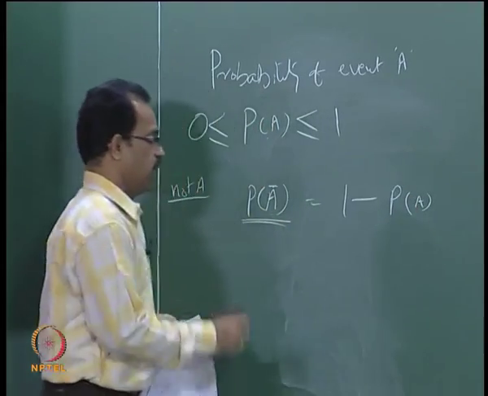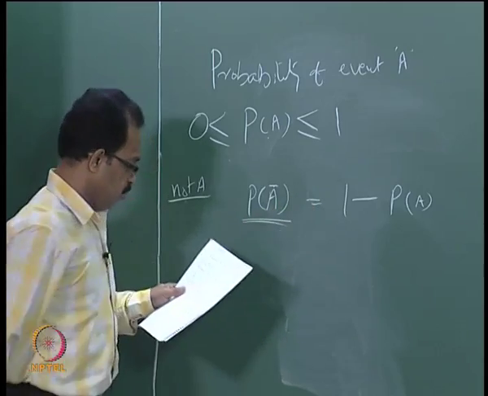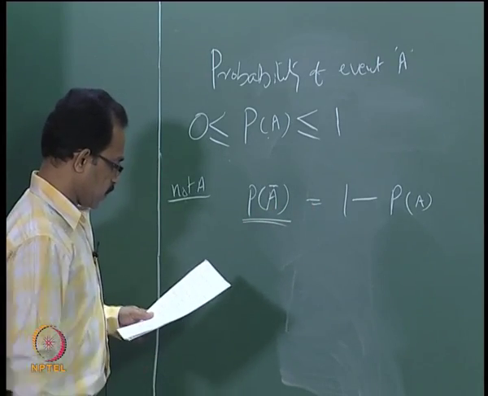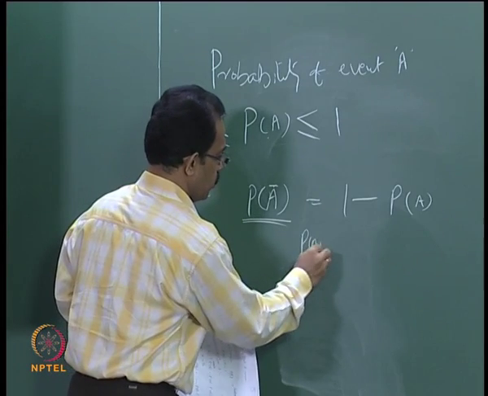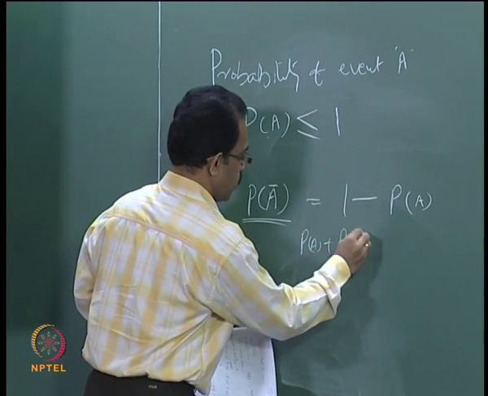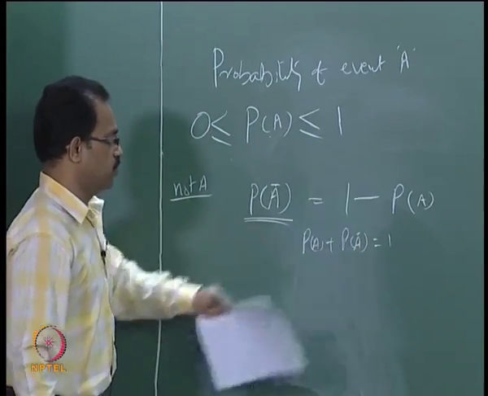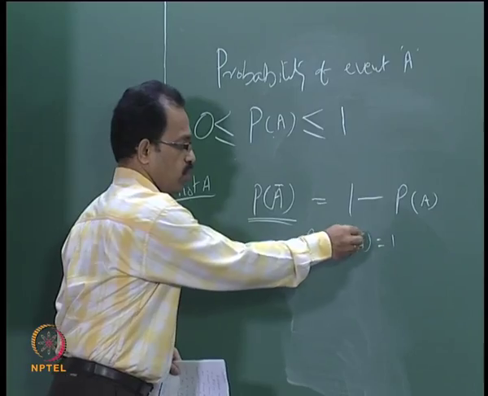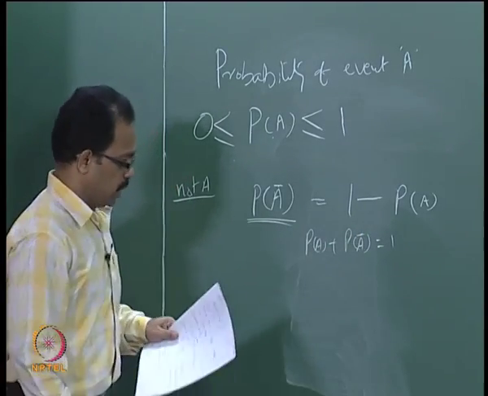And always P(A) plus P(A complement) will be 1, because if you add these, you will get 1. So, the total probability of A happening and not happening will always be 1.